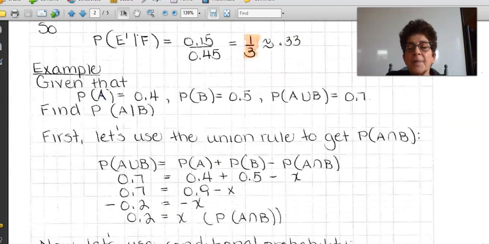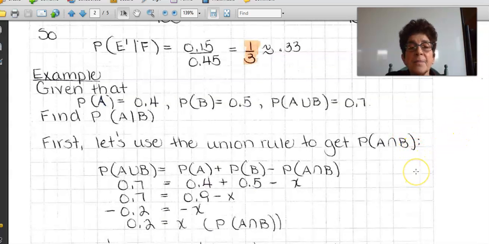This is another type of example that uses the union rule as well as conditional probability to find a missing piece of a problem. Suppose we're given that the probability of event A occurring is 0.4, the probability of event B occurring is 0.5, the probability of A or B occurring is 0.7, and we're asked, find the probability that A occurs given that B already happened.